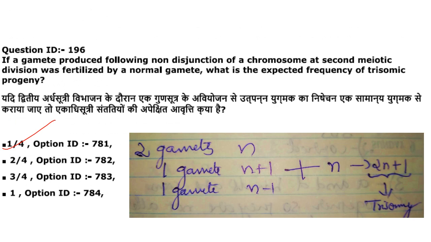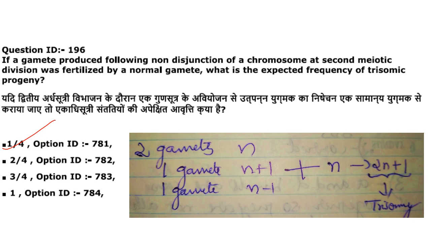Then next one. If a gamete produced following non-disjunction of a chromosome at the second meiotic division was fertilized by a normal gamete, what is the expected frequency of trisomic progeny? What types of gametes do you get if there is non-disjunction of a chromosome at the second meiotic division?